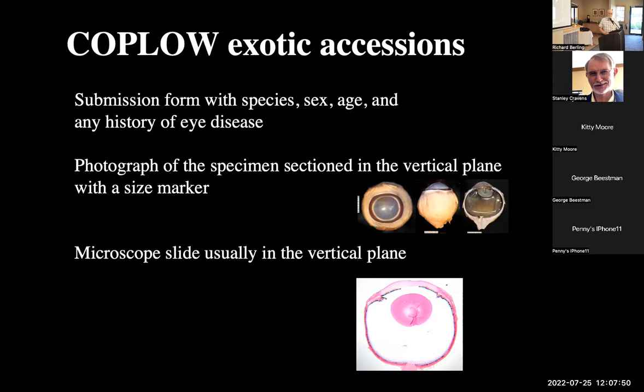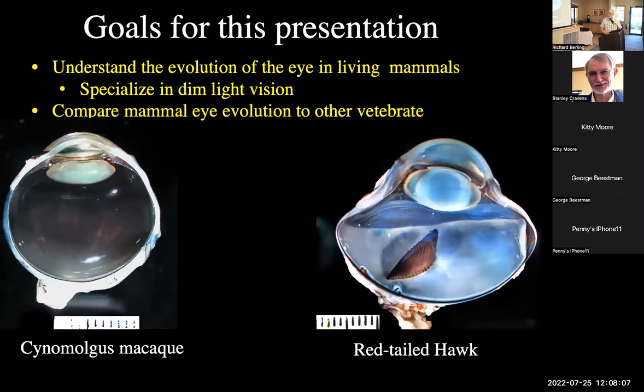And so we can look on a microscopic level at the various characteristics and categorize the anatomic features of the eye. So that's the type of material that I have used to put together some of the thoughts that I'll present today. Next. So this is just a mammal eye and a bird eye.